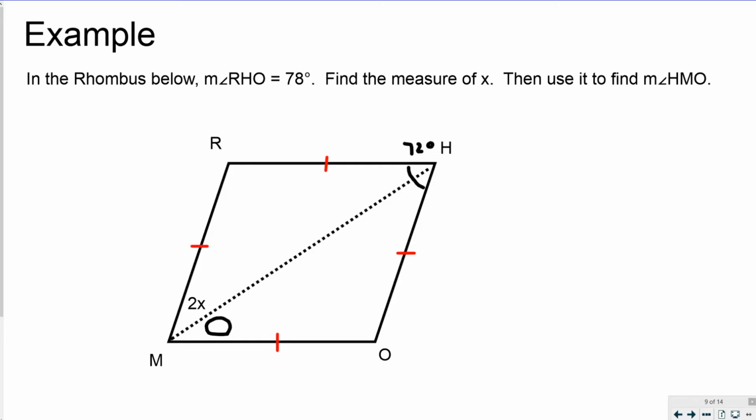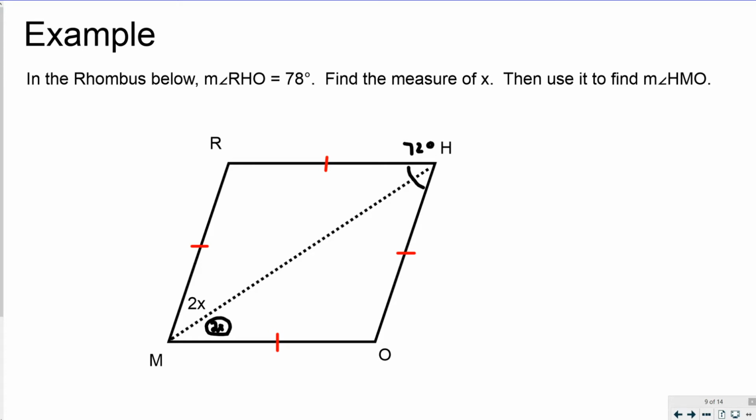Okay, there are a couple important properties that I need to apply right away. If RMH is 2x, then OMH is also equal to 2x, since this diagonal cuts this into two equal parts. That means the 2x transfers directly over.